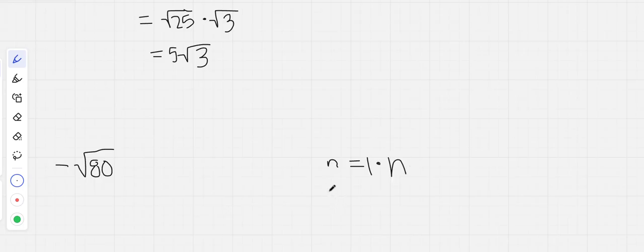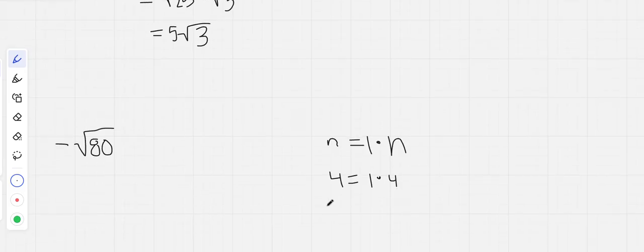So if we had 4, 4 is also equal to, of course, 1 times 4. If we had 2011, 2011 is equal to, of course, 1 times 2011.